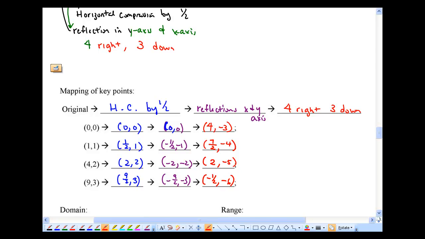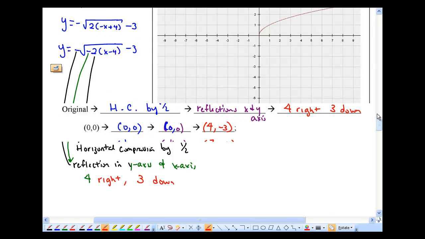I can pretty much tell the domain right now with the right and down stuff. X must be, oops, because of the reflections, careful, reflections change the sign, right? So less than or equal to -4, and the range seems to be less than or equal to -3. Let's go and graph this out to prove it's true.